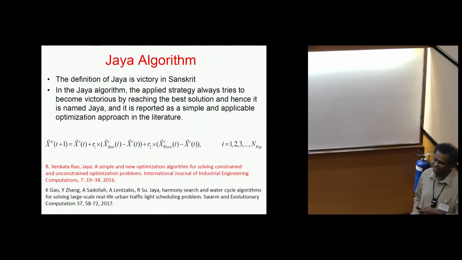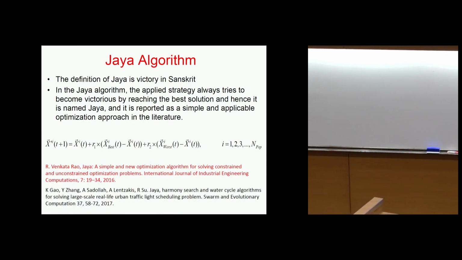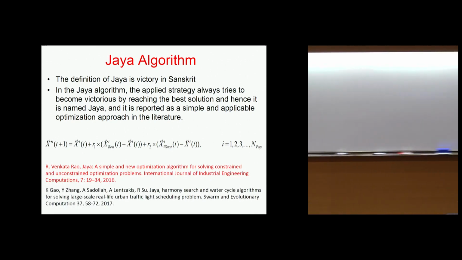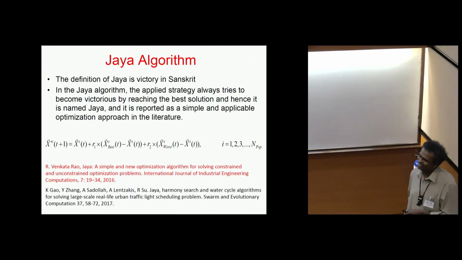So this is the Jaya algorithm. The promise is that it has almost no control parameters. Just two, R1 and R2, which are random numbers generated in the 0 to 1 range. So you just randomly generate two numbers and then you can do the Jaya iteration.